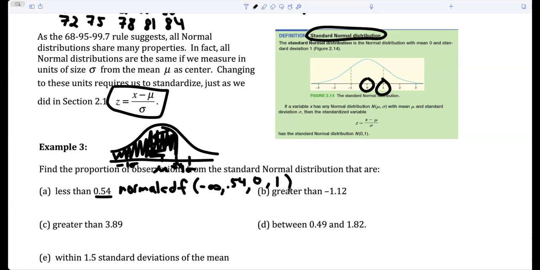This would be lower bound. 0.54 would be upper bound, and I think you can abbreviate there. Mu would be right there, and sigma would be right there. And then we're going to use our calculator to calculate it. So let's do that.